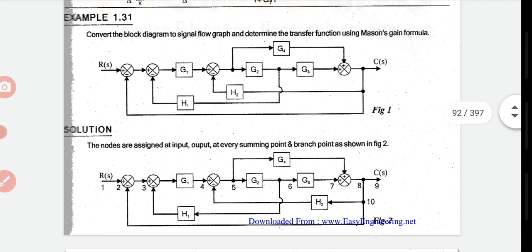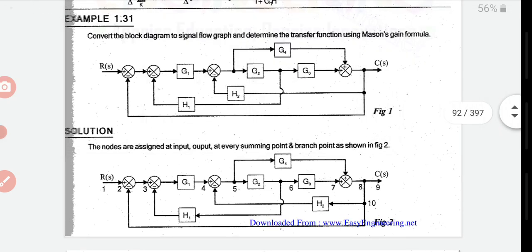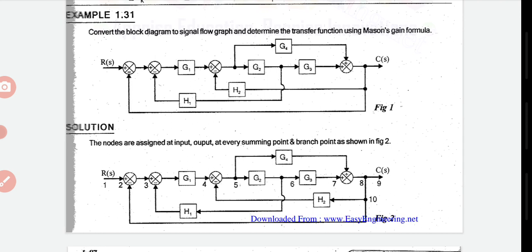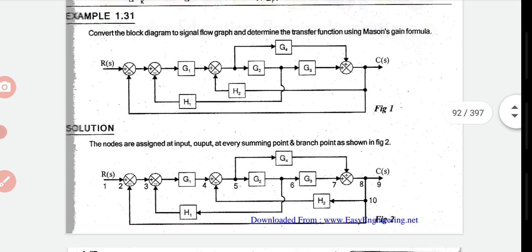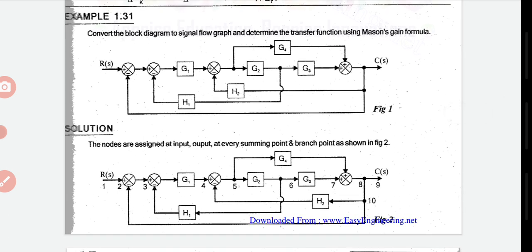So the first node is at R(S), the second node is at a summing point, the third node is at a summing point, and the fourth node is at the third summing point. The fifth node is at the branch point which is connected to G4. The sixth node is at the branch point between G2 and G3.